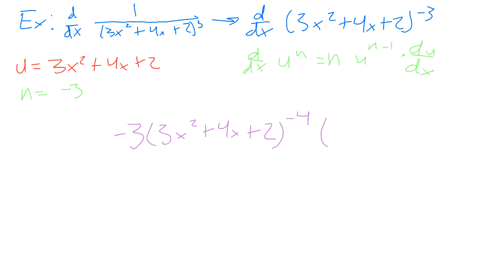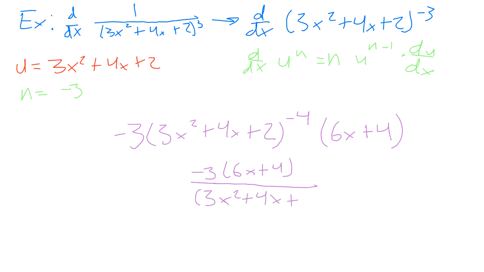And then our du over dx is once again just going to be the derivative of our u. So the derivative of 3x squared is just 6x, and the derivative of 4x is just 4, and then the derivative of 2 is 0. So we can quickly rewrite this as negative 3 times (6x plus 4) all over (3x squared plus 4x plus 2) to the 4th.